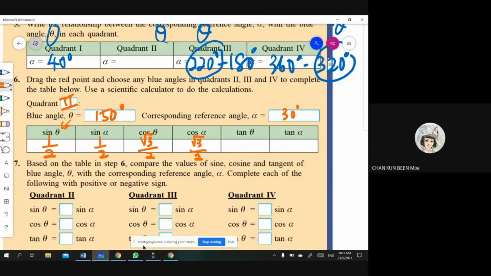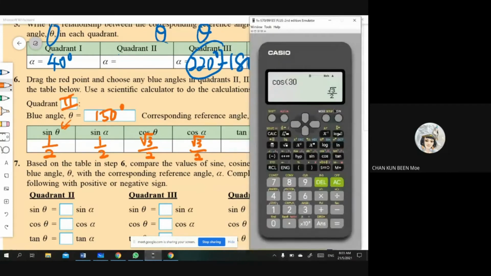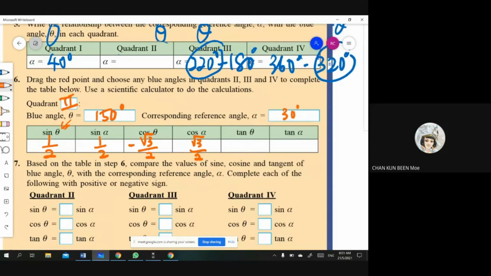So the first one, cos theta got negative, is it? Let me check. Yes, cos 150 got negative. Thank you. Fernandez, have you got the answer for your tan theta?